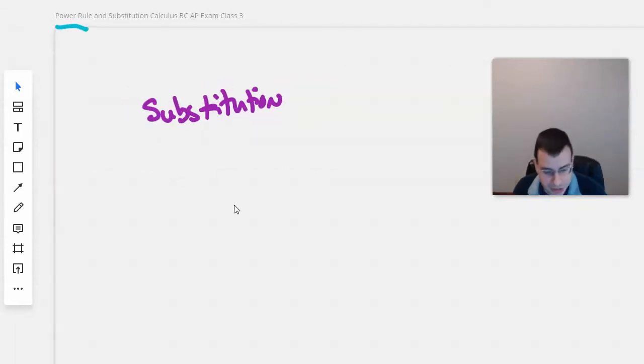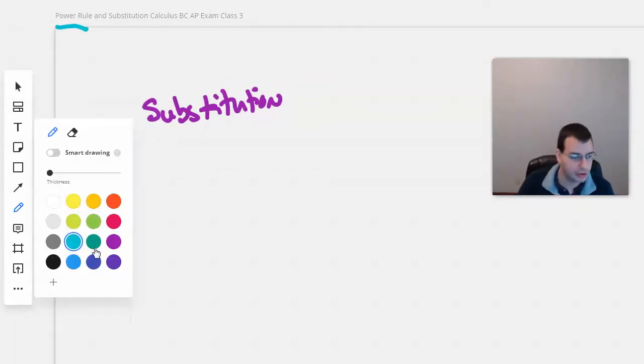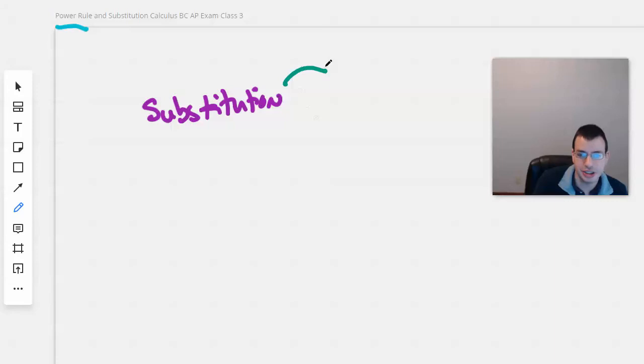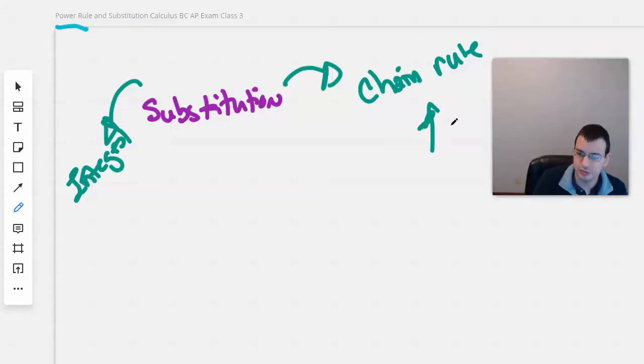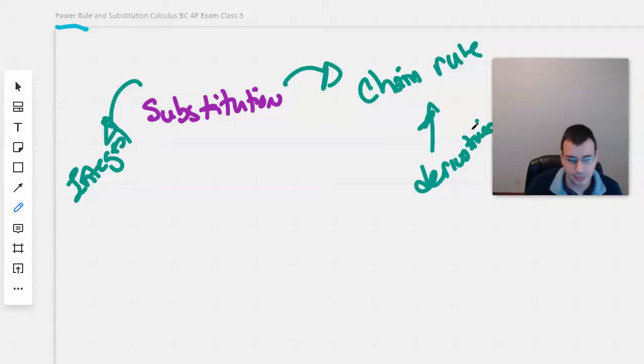So now for substitution, our rule for substitution is the inverse of the chain rule. Chain rule is for derivatives. And there we go.